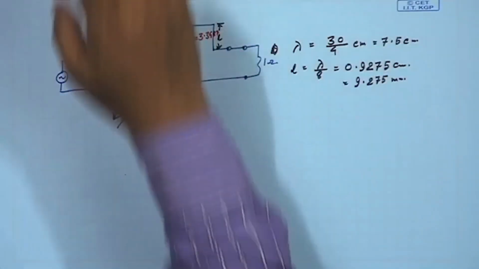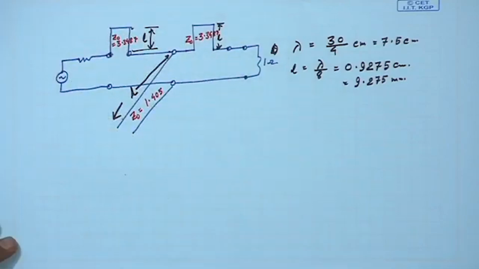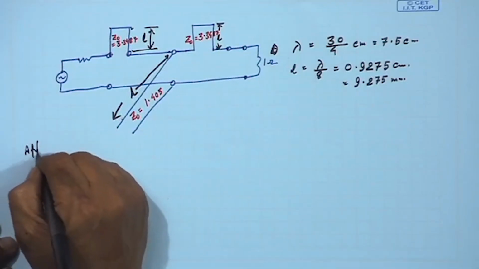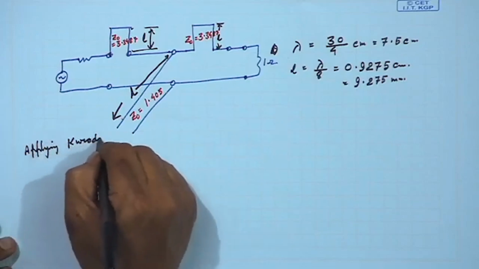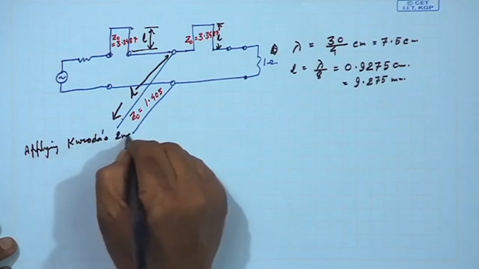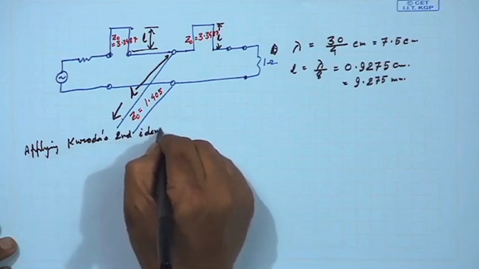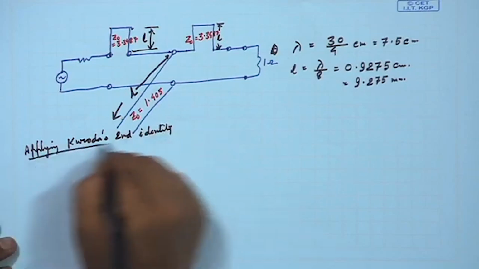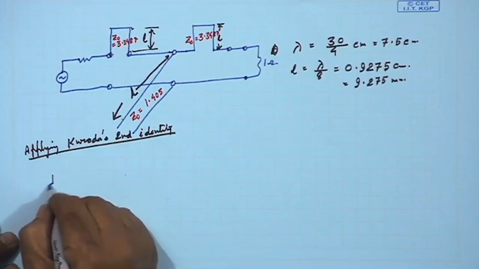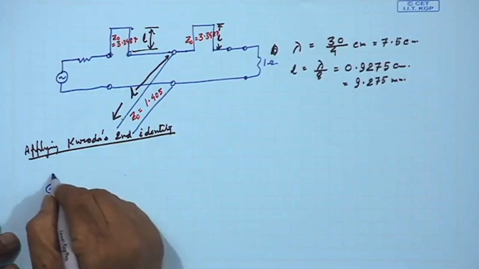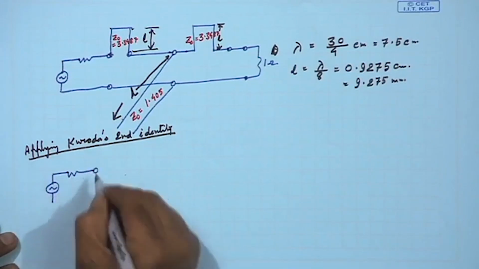So, applying Kuroda's second identity, this new circuit becomes a very systematic procedure.